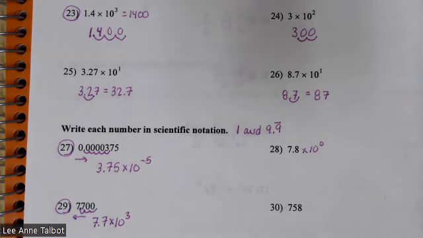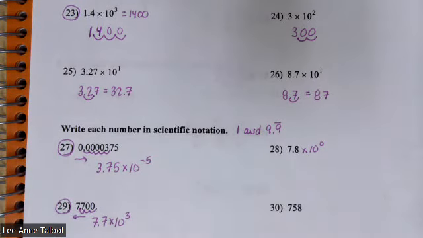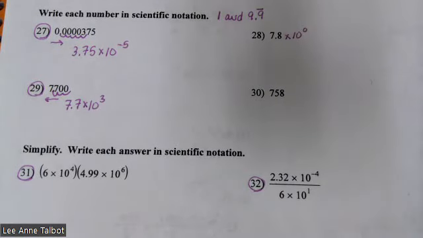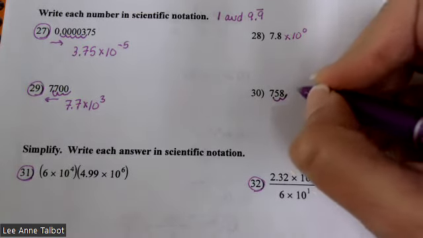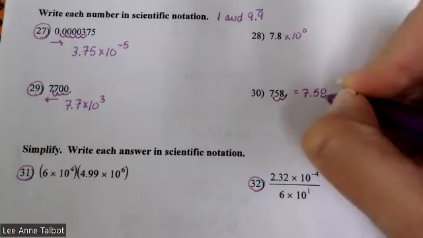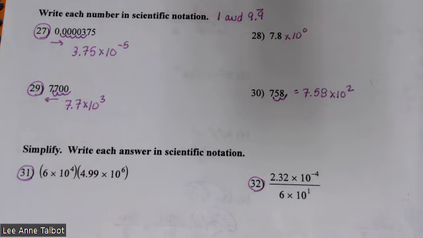Okay, try number 30 yourself real quick. Answer 7.58 times 10 to the 2.